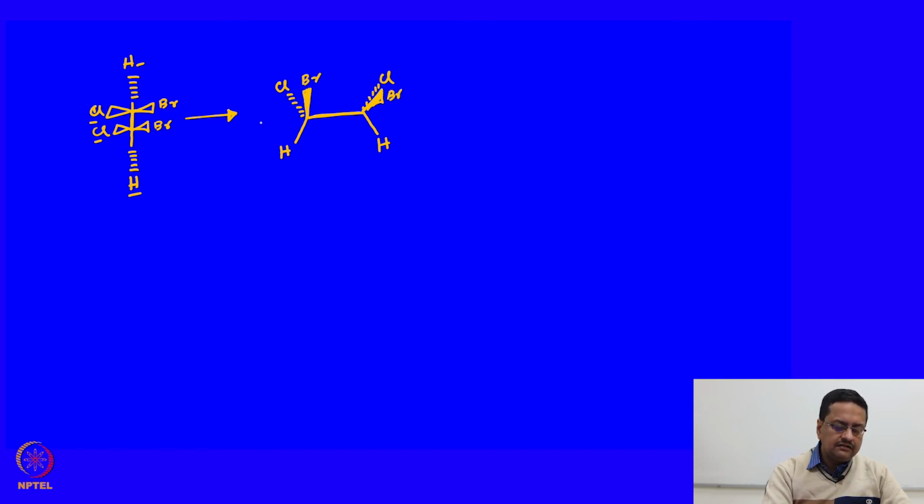So, if you look at the molecule from this side, you can identify that this representation is correct, and then if we convert it again back to a Newman projection, what you get is this one. The down is hydrogen, right is bromine, left is chlorine, and the same is there for the back carbon as well.